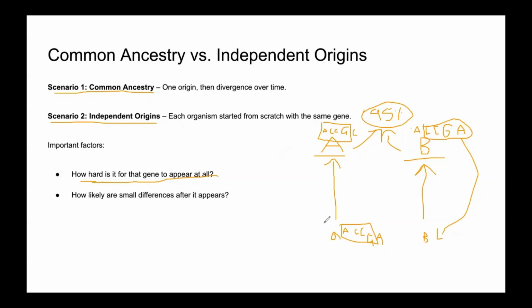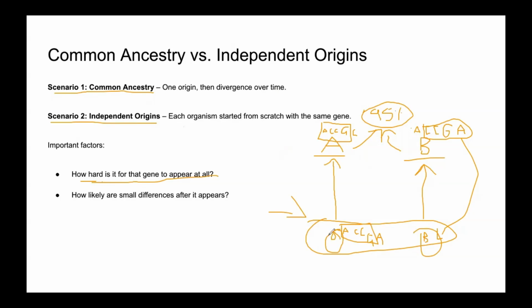Origination probability is basically how likely it is that a gene or an organism or a human, it doesn't matter what it is, right? But how likely is it that a gene could appear at all? In other words, how likely is it for A to exist? And how likely is it for B to exist? And then the second probability is called transitional probability, right?